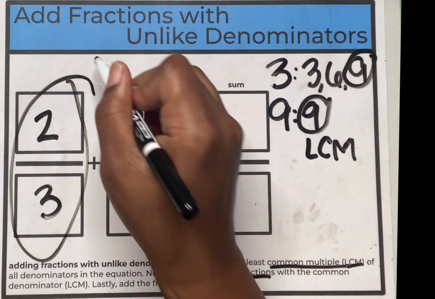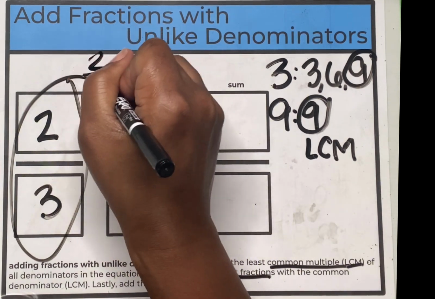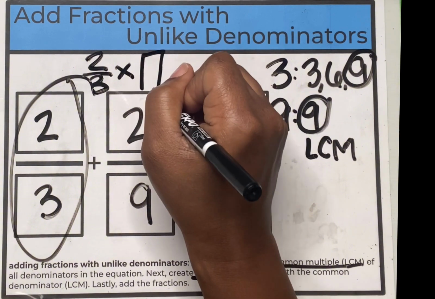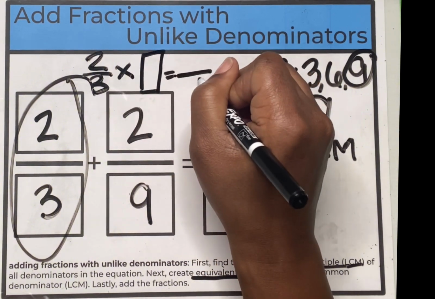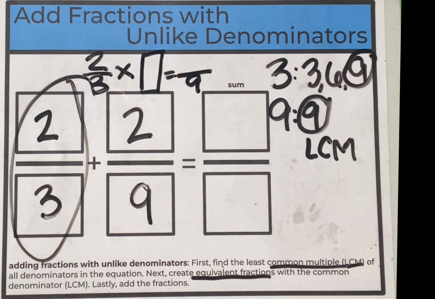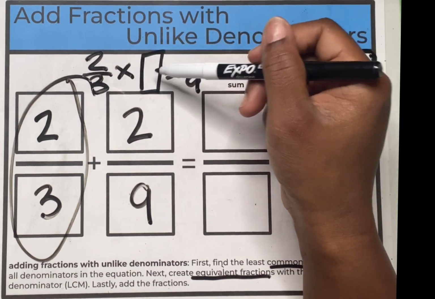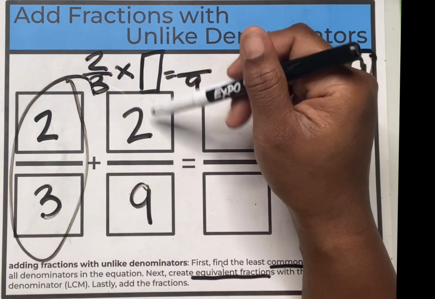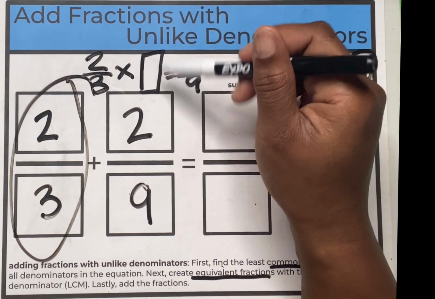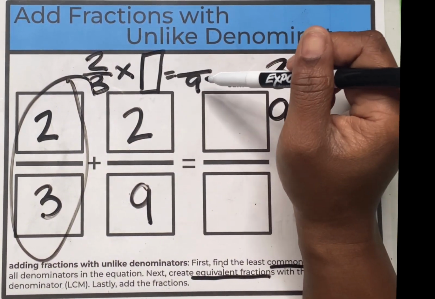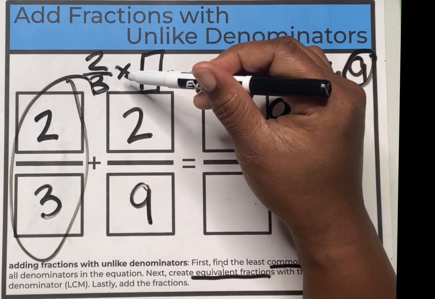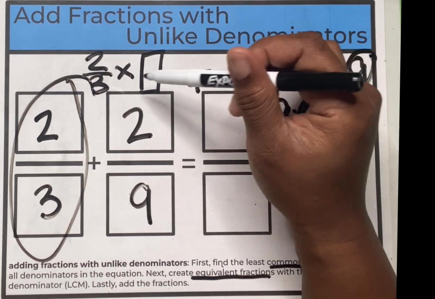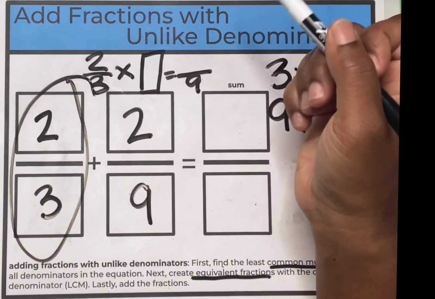Again, you say 2/3 times a rectangle equals 9 parts. What's the rectangle for? This is where you're going to put that fraction that equals 1 whole inside this rectangle. All right. 3 times what gives me 9, or 9 divided by what is 3?